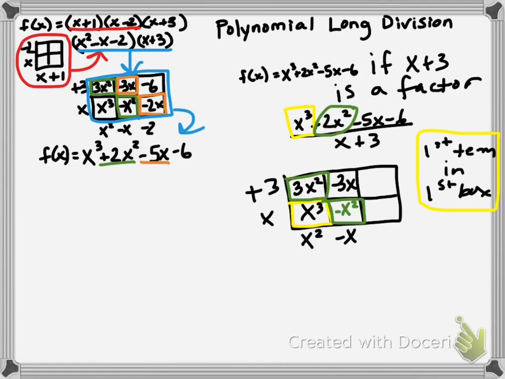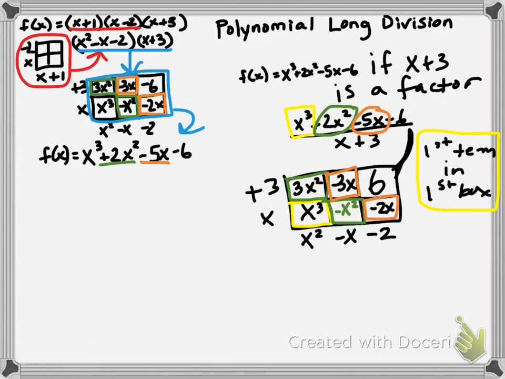Then I move on with my same process. This negative 3x and this mystery number have to give me negative 5x. So what number is going to be there? Negative 2x. So this has to be negative 2, and then that means this box right here is 6. We can see that matches.